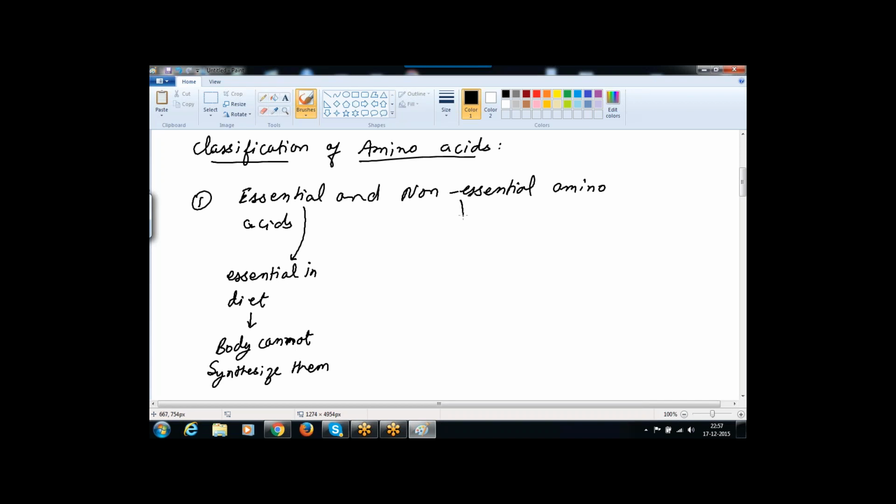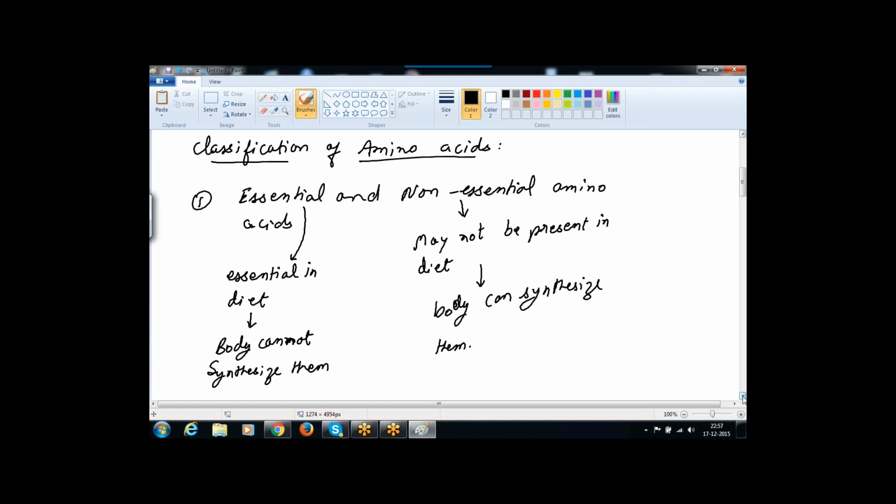And non-essential amino acids may not be present in diet, body can synthesize them. That is the basic difference between essential and non-essential.